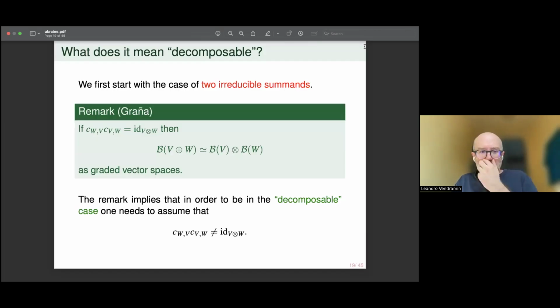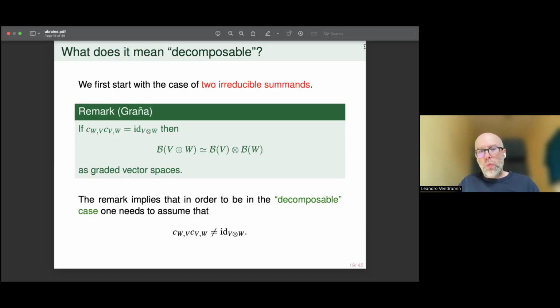It all starts with this remark by Matthias Graña that says that if your braiding is symmetric, so if the square of the braiding is the identity, then the Nichols algebra of B plus W is nothing but the tensor product of the Nichols algebra of B and the Nichols algebra of W, say as graded vector spaces, which for us is enough, right? Because if I just want to consider infinite dimensional Nichols algebras, then if I know the simple pieces, I don't have to care.